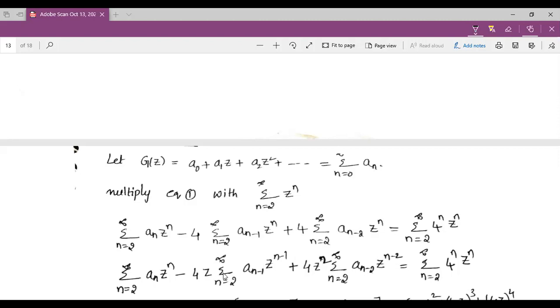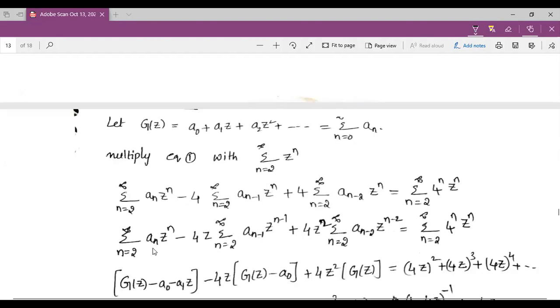So 4z summation n = 2 to infinity a_{n-1} z^{n-1} plus 4z square summation n = 2 to infinity a_{n-2} z^{n-2} is equal to summation n = 2 to infinity 4^n z^n.